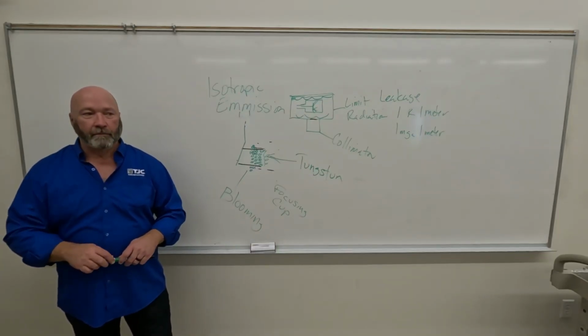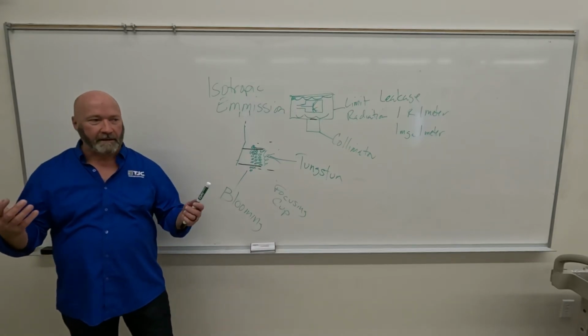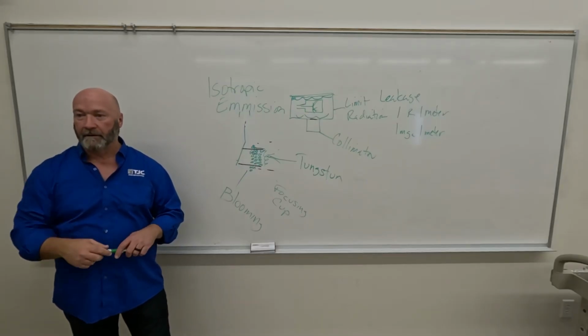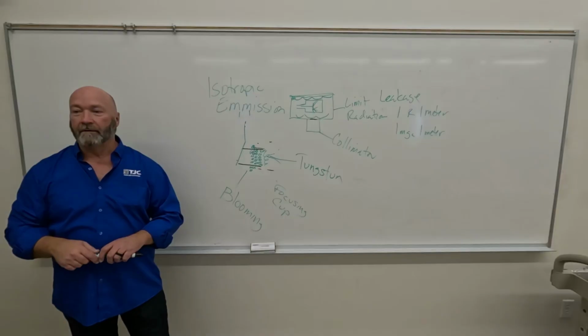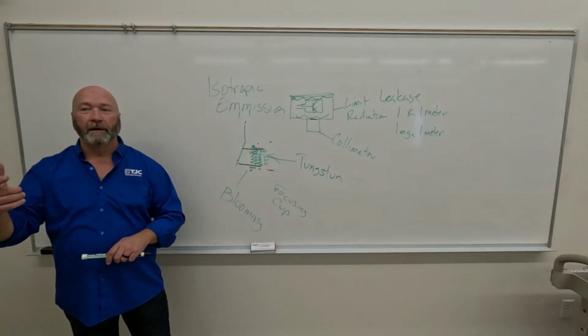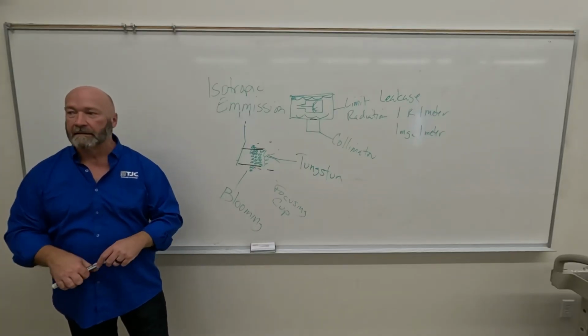The problem with tungsten, anybody ever done any kind of welding? Any TIG welding? Yeah, MIG and stick. Okay, so if you ever do TIG welding, you get this big roll of tungsten.